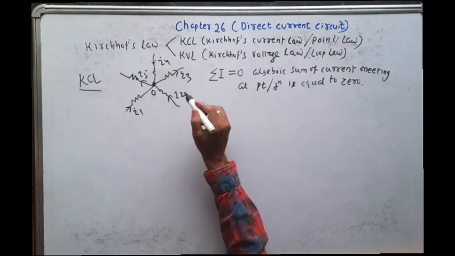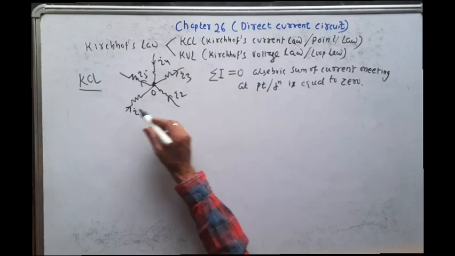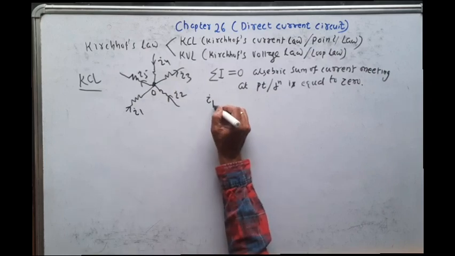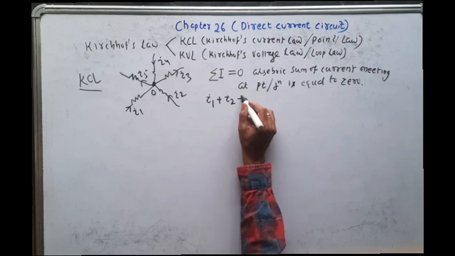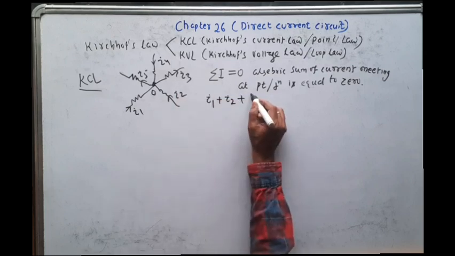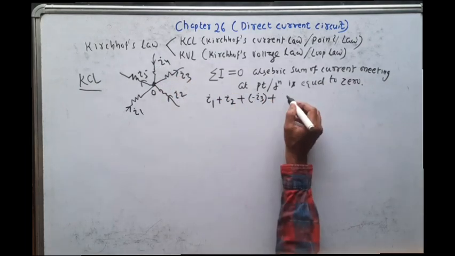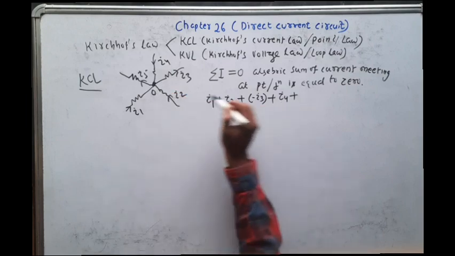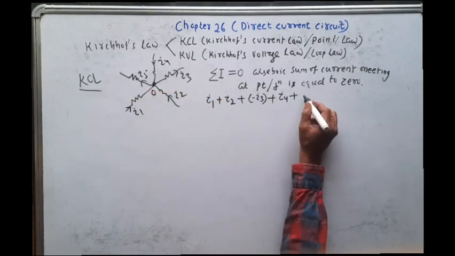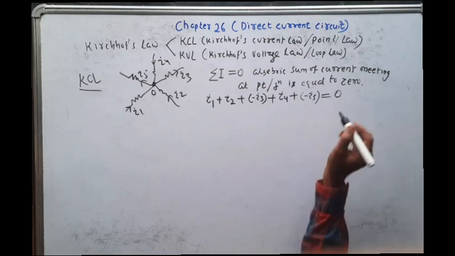So I1 plus I2, both incoming, minus I3, which is leaving, plus I4, which is incoming, minus I5, which is leaving. According to KCL, it is equal to 0.